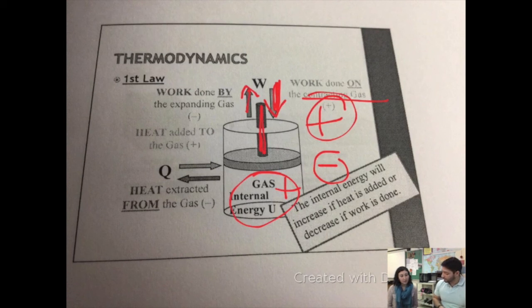Okay. All right. So then the heat creates movement, and then the heat extracted from the gas is what's causing the work. That's what that Q is. It's the difference between the expansion and the contraction, the work being done. Okay, and the internal energy will increase if heat is added, or decrease if work is done.